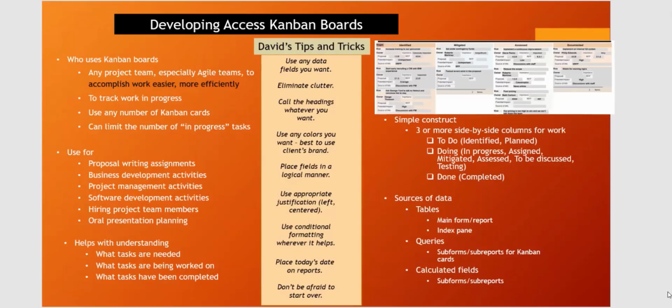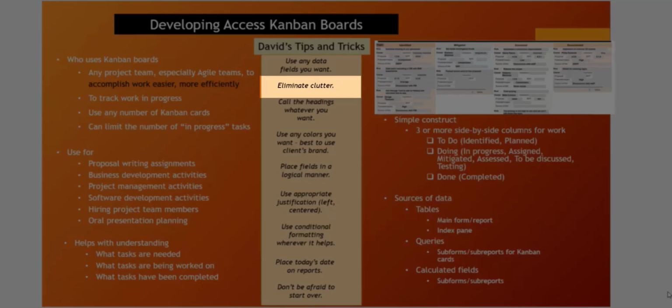You want to eliminate as much clutter as possible. I'm at fault for making my forms and reports very detailed. And developers say, you need to clean that up. But I know my industry well enough that I can assume pretty well that my users will need all of that information.